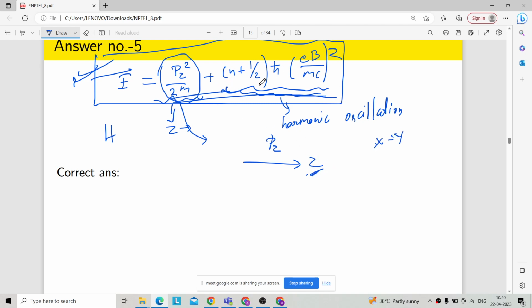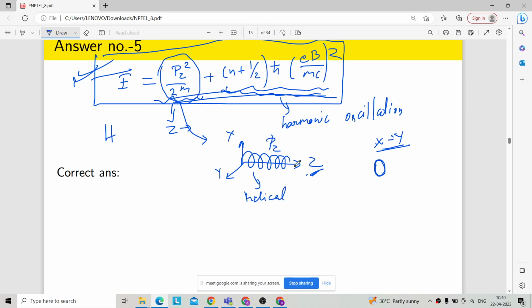This term explains the rotation in the xy plane, right? So if I take x in this direction and y in this direction, the particle is moving in z direction and it is rotating in the xy plane. So the particle's motion is now helical.